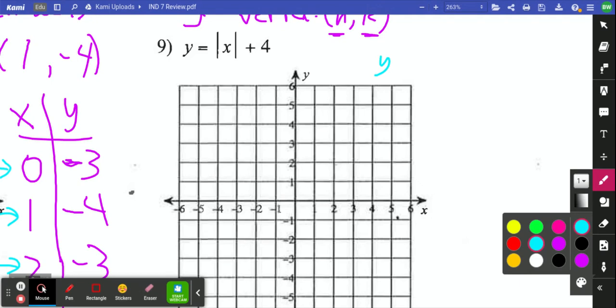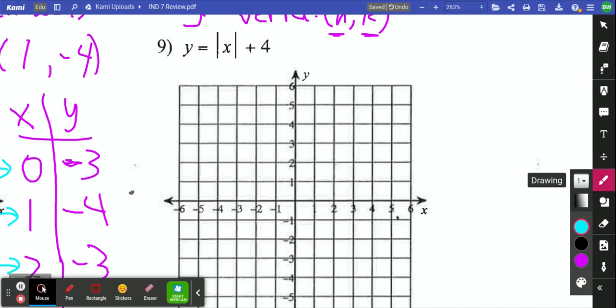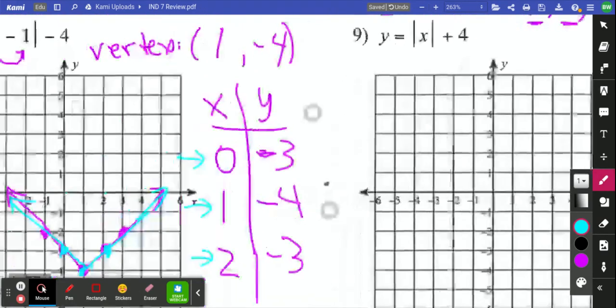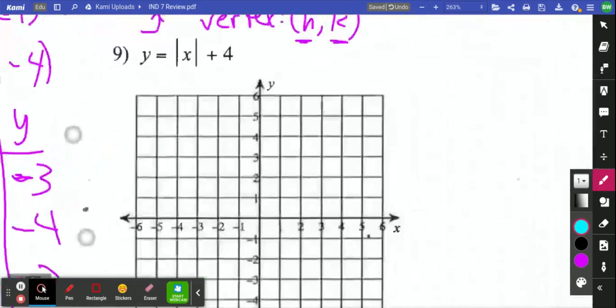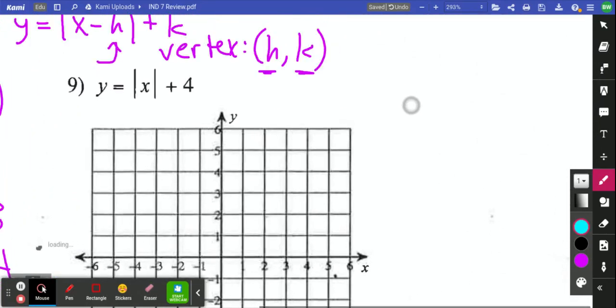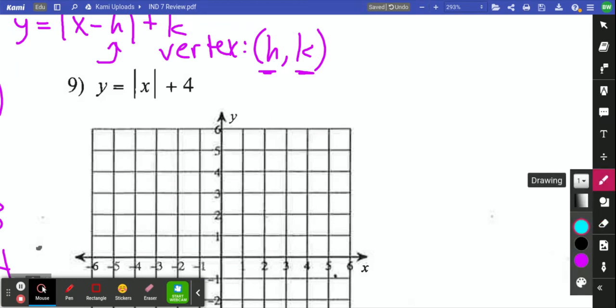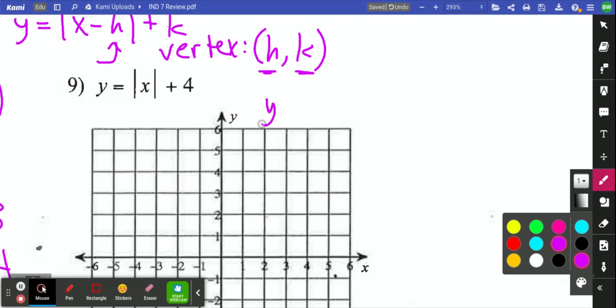Okay, so we could rewrite this as y equals X minus 0.